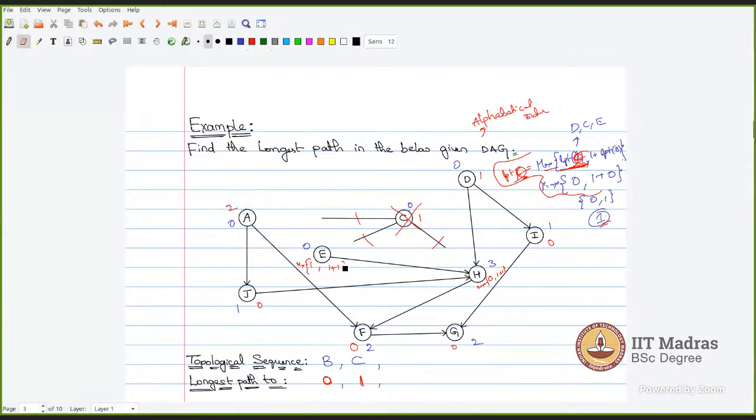This red number will happen, even this is 2. Max of 0 comma 2. Yeah, A, E, H all are 2, and this is 3. Now we will remove this.